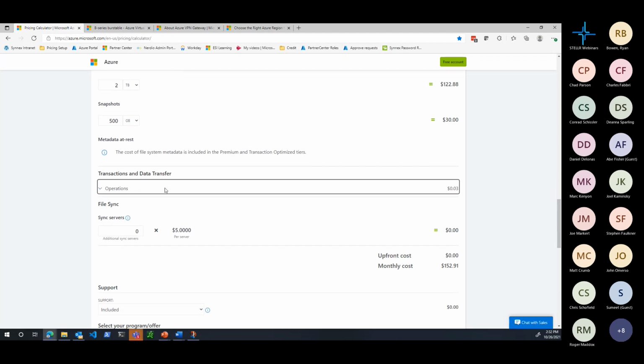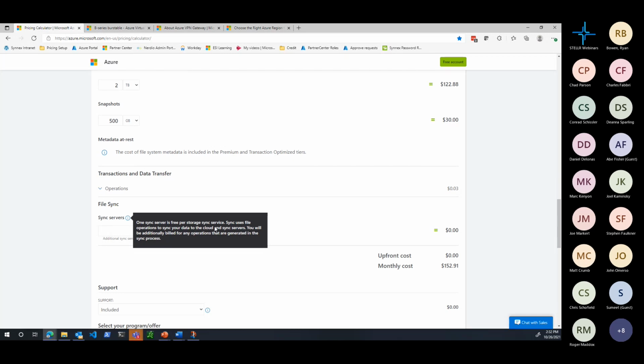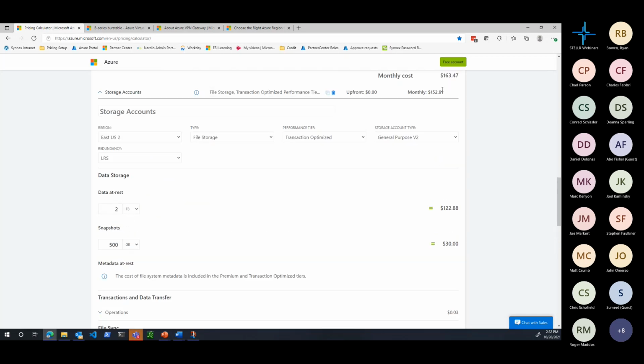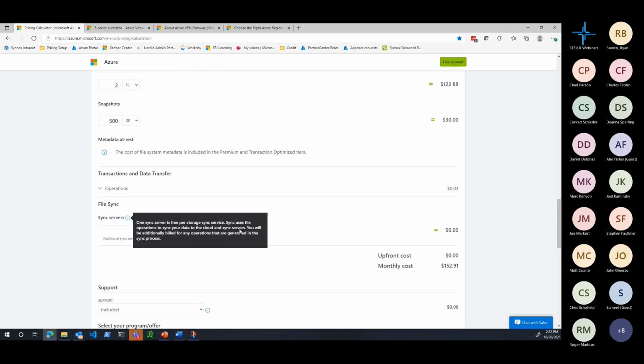So in this case, we have 2 terabytes, transactions, operations here, have some transactions. The only thing about the file servers is that you can have a sync server. So with sync servers, you get one sync server built into this overall cost. And what this does is basically allows you to have a server on-prem that synchronizes to your Azure files to help keep things as close and as quickly accessible to your end customers, to the users that may need that.